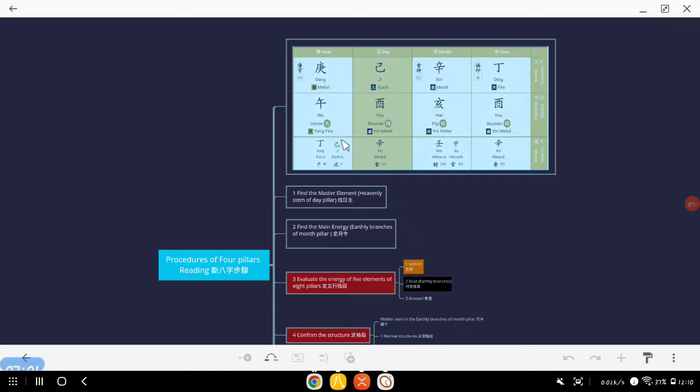So we can say that the root of the earth is hidden under the fire, the horse element of the earthly branches, and the root of the wood element is hidden under this high water. So this is the hidden stem, or we can say this is a hidden root of the energy.